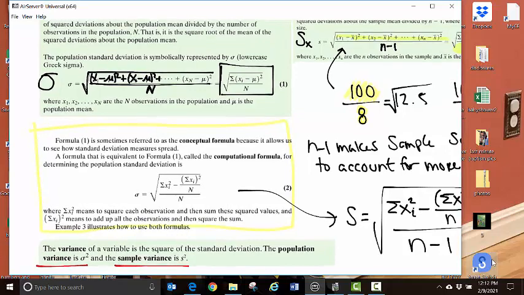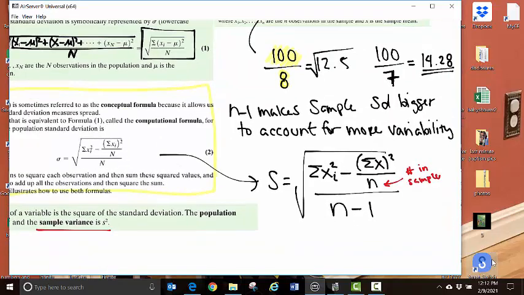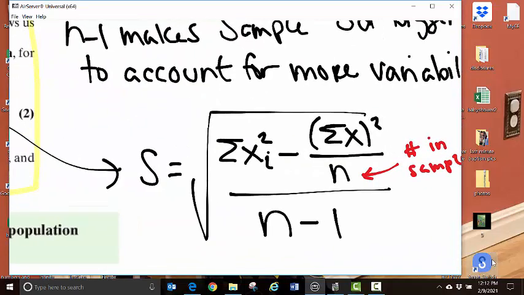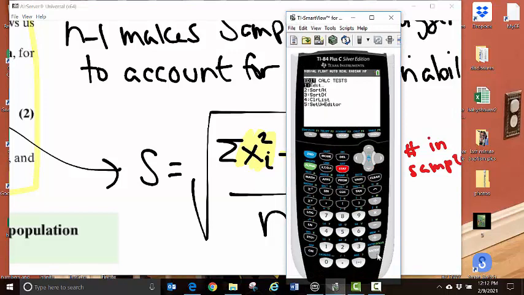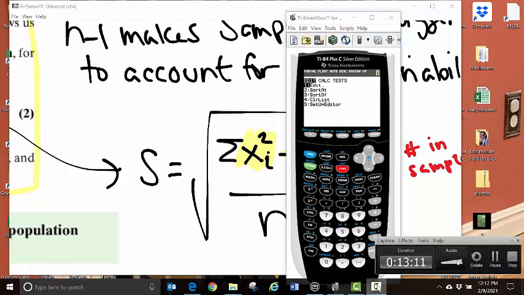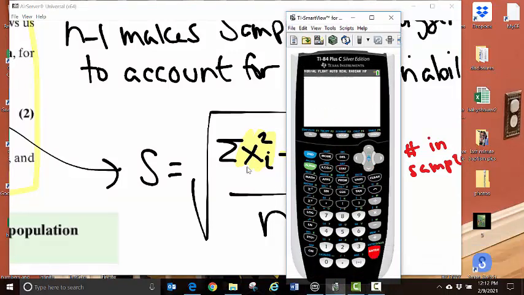It's saying that you could square all the values and add them up, minus adding up all the values and then squaring them, and then dividing by the total. So this value right here, it would be taking all of these values, squaring them and adding them up.